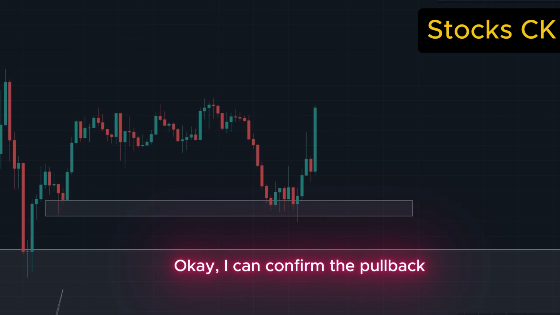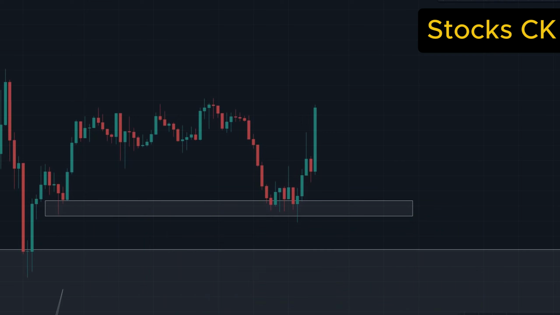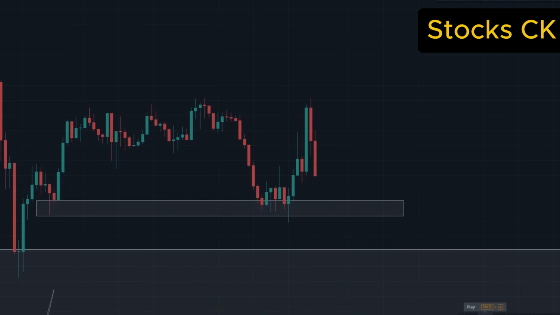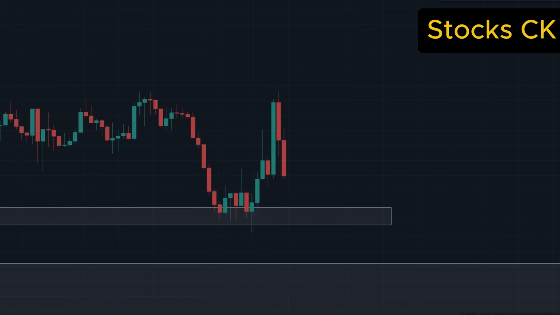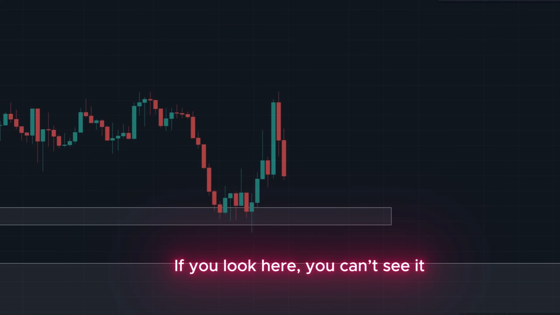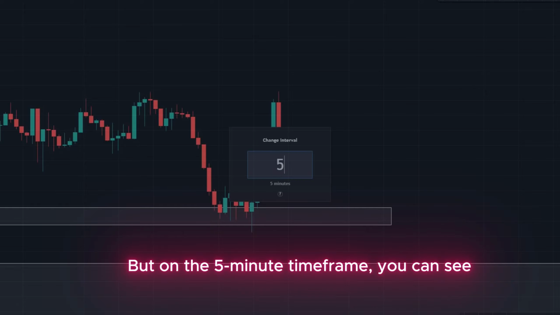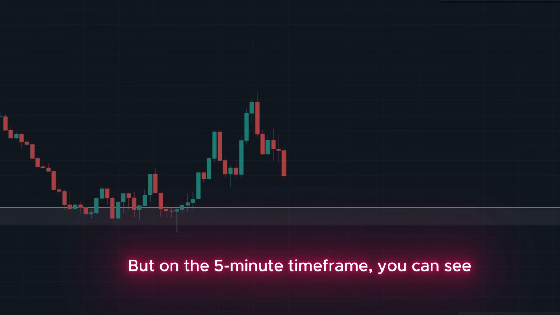Okay, I can confirm the pullback continues to rise. And when the price pulls back like this, if you look here, you can't see it. But on the 5-minute time frame, you can see.